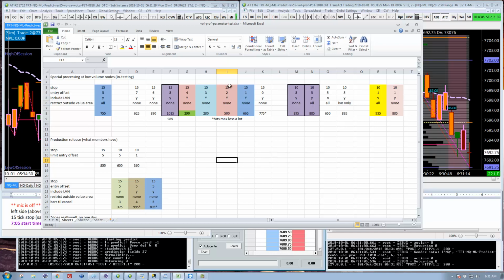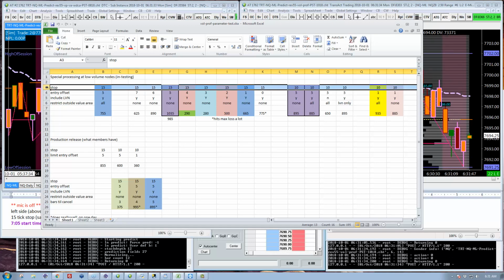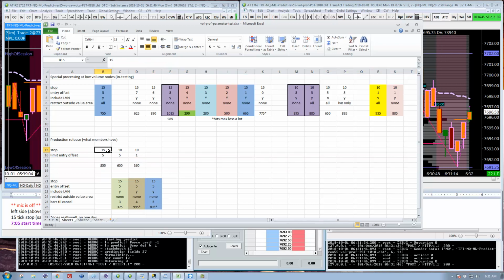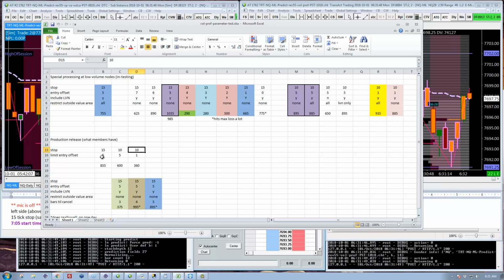So the way you read the spreadsheet is, here's the stop amount. Let's start here. This is for the production release. This is for what you have right now. Stops of 15, 10, and 10, entry offsets of 5, 5, and 1.